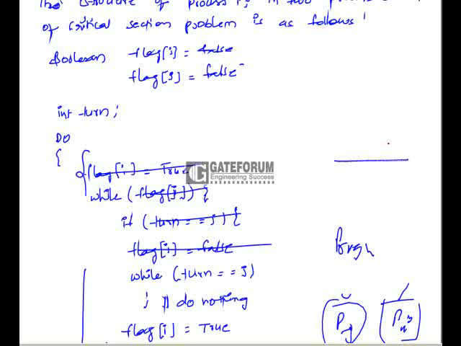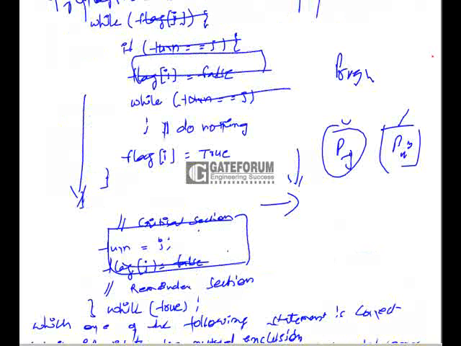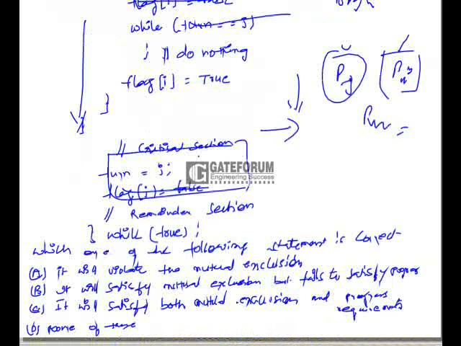If simultaneously at time t0 one makes it true, and at time t1 Pj makes it true, then by checking the respective turn values, the respective flag values will be made false, so there won't be any difficulty. Only one process, based on the turn value, will go into the critical section without waiting continuously in the loop. So progress also will be satisfied. So it will satisfy both mutual exclusion and progress requirement. Option C is the right option.